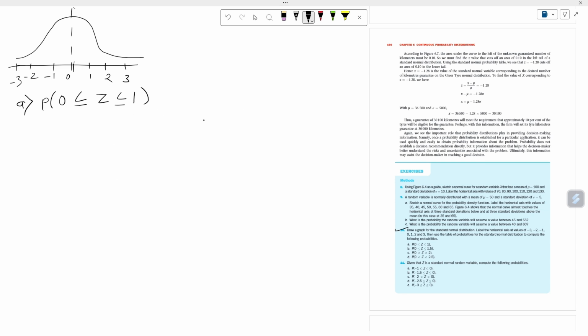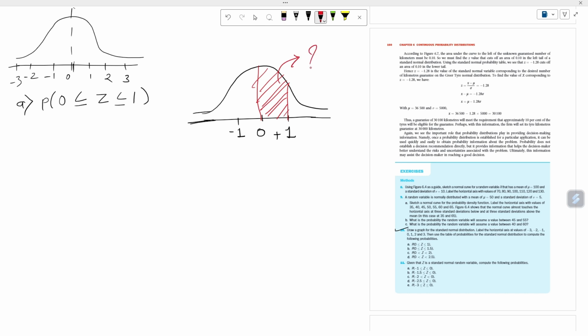So with the help of the diagram we can visualize it. This is our 0 and this is our positive 1. We have to calculate this much portion, the area of this portion.